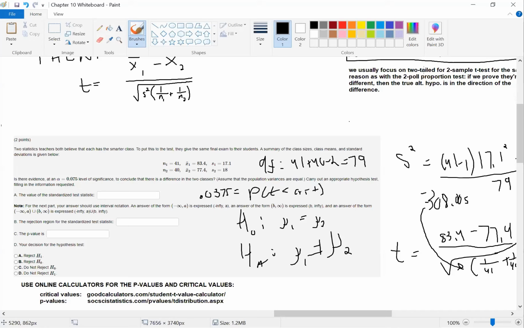Now here, the website I was talking about is right here. I believe it's right here. Yes, it is. The link's at the top. It's also on the paint as well, if you need that. Now here are degrees of freedom. We have 79. And the nice thing is here, the two-tailed will do it for you.